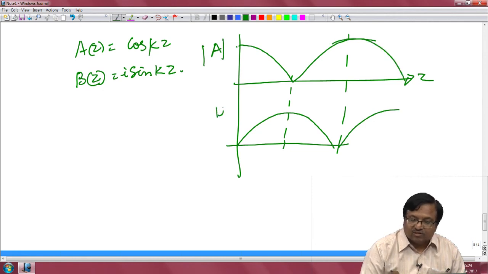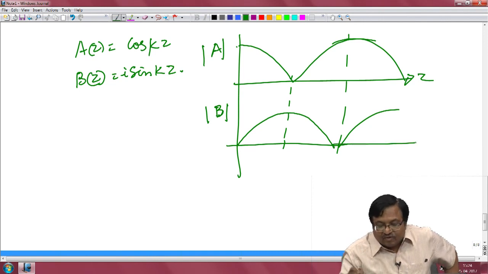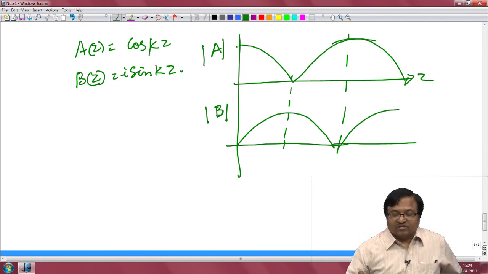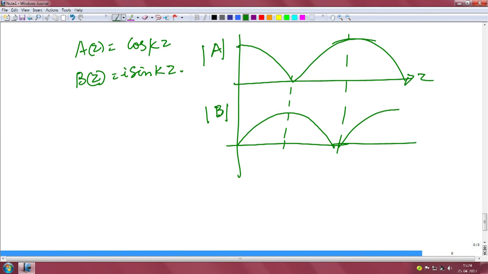So, this is the magnitude of B and magnitude of A. From this we observe that when the field is maximum here, the field is minimum here, with no field in the second waveguide. When the field goes to 0, it does so by a length called the coupling length, and the light is maximum in the second waveguide.